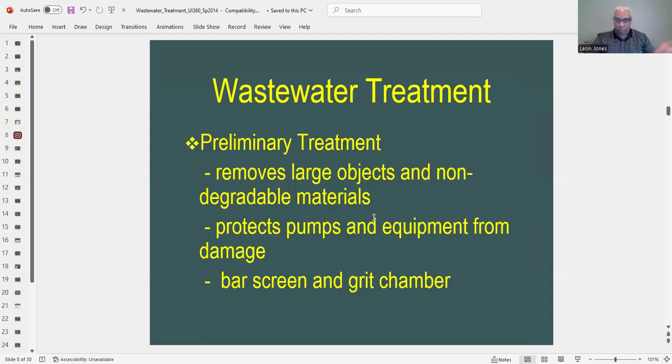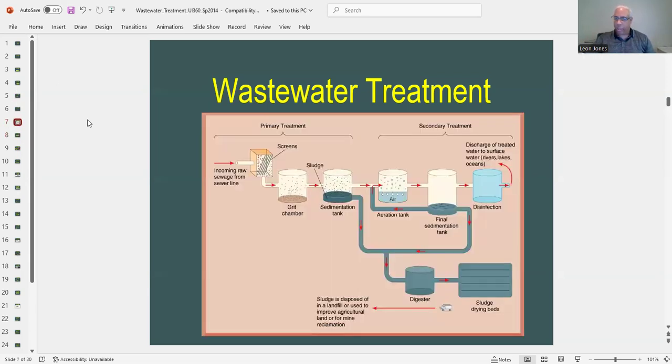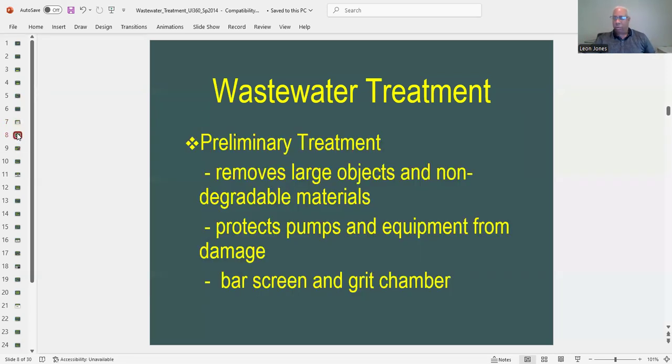Then we have your preliminary treatment. And remember what I told you, just like a sieve analysis, removing the big objects. Well, water treatment does the same thing. In fact, when we go back, I just showed you, it goes right through the screens, and the screens basically filter out the big objects.